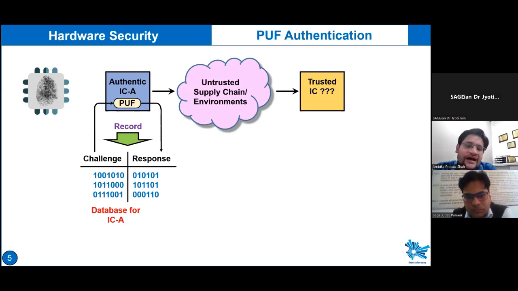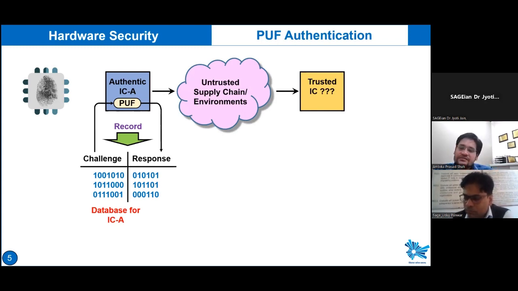Suppose I have an IC and I have transferred it through an untrusted supply chain. Might be some third party has added unauthorized ICs, unauthentic ICs, fake ICs. So before I use my IC, I need to test whether I have received the authentic IC or not.